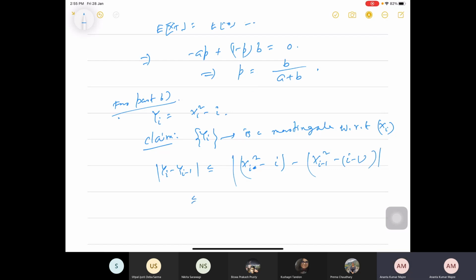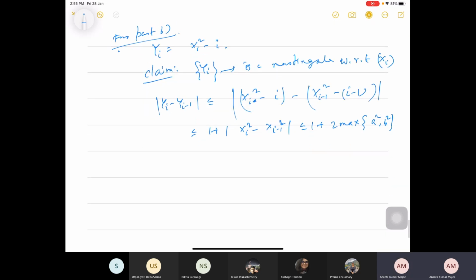Now if you check, these things should be less than or equal to 1 plus the modulus of X_i squared minus X_{i-1} squared, which is less than or equal to 1 plus 2 times the maximum of a squared and b squared. Here a and b are given to you already in the strategy of your game: if the gambler wins b dollars he wins, or if he loses a dollars then he ruins the game. So for each i, Y_i minus Y_{i-1} is bounded, this is my K_3.